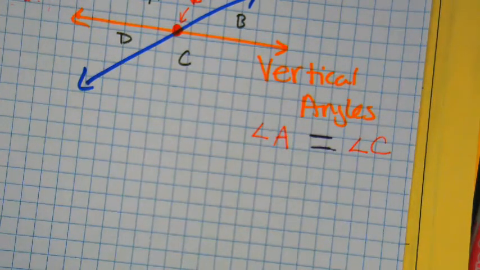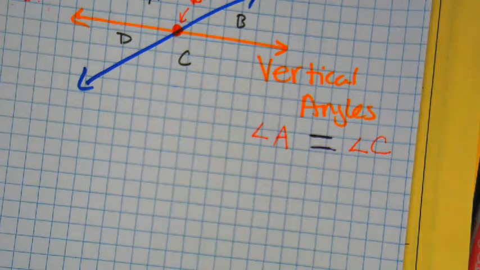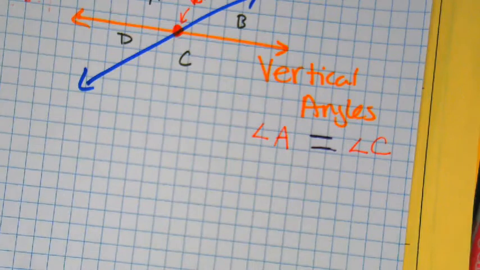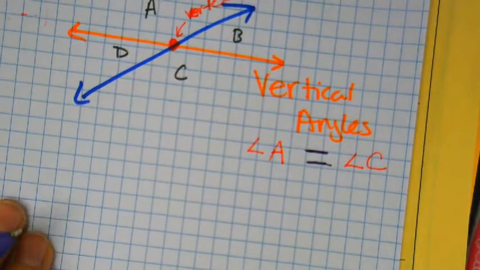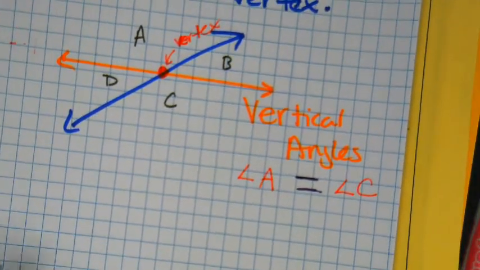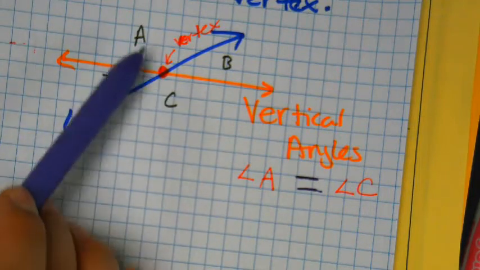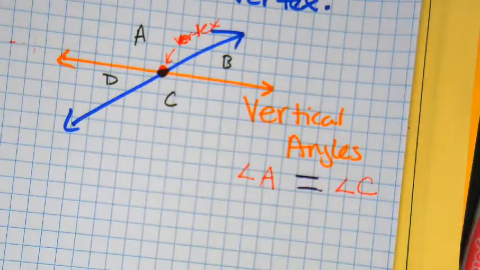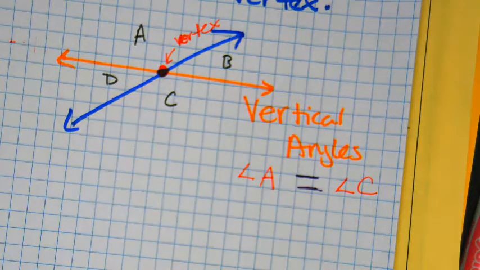They're congruent, which means they're equal to each other. So vertical angles. Angle A is equal to angle C. What? Because in the laws of math, if they are opposite from each other and they share a vertex, then they're equal. Someone discovered that millions and millions of years ago.